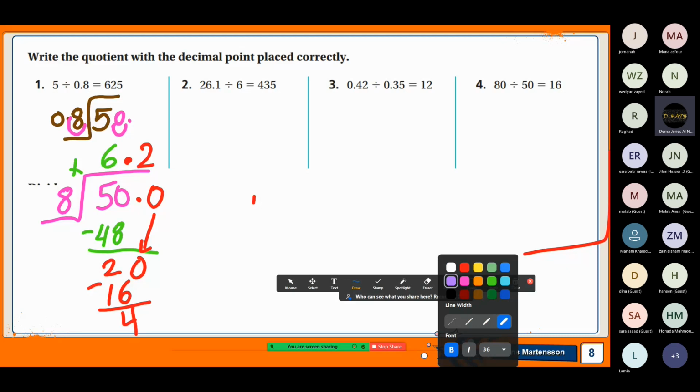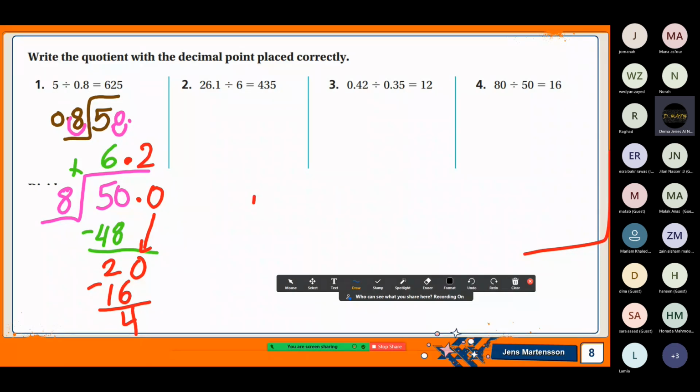Now then, there's a remainder. What do you have to do next? What is our lesson? Add 0. So you will add another 0 in order to continue. 40 divided by 8 is 5. 5 times 8, 40.